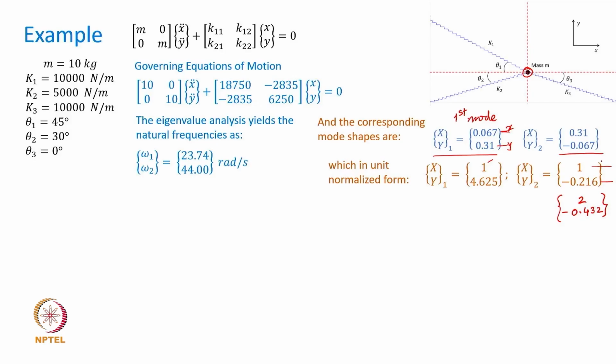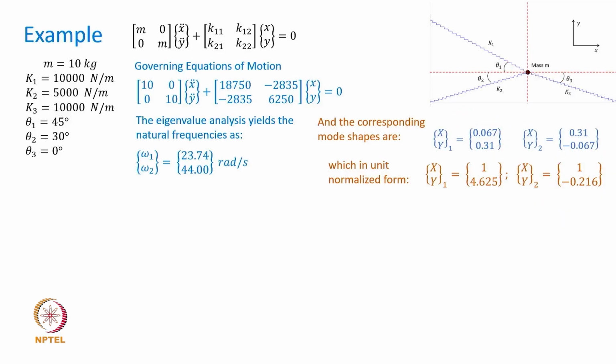For example, if you look at this particular second mode, if x is moving 1 unit here, y is going to be moving minus 0.216 unit, which means that at one extreme the position of this mass will be here, and at the other extreme it will go to there, and this mass is going to be continuously shuttling back and forth in this fashion, so that at any instant of time the ratio of the x and y displacements is going to maintain this particular form. So that is the meaning of it actually.